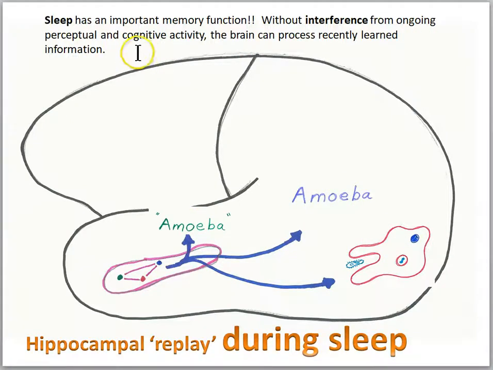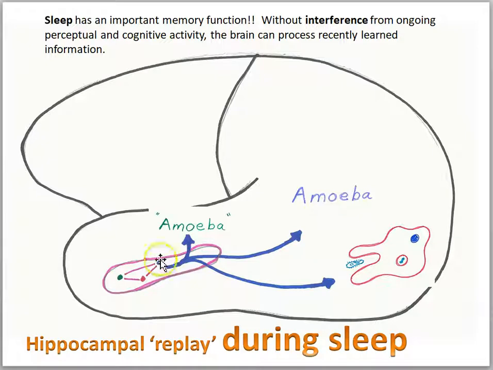And scientists have lots of evidence that sleep has important memory function. Without interference from ongoing perceptual and cognitive activity, the brain can process recently learned information. And sure enough, this hippocampal replay has been detected during sleep. So the idea is sleep turns out to be an ideal time to process memory.